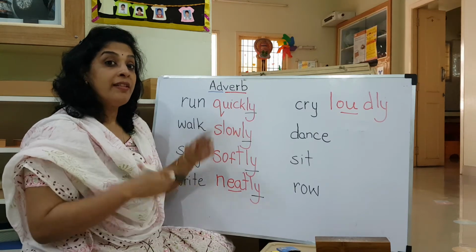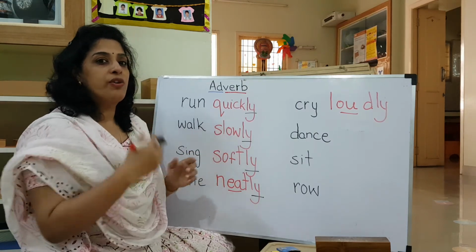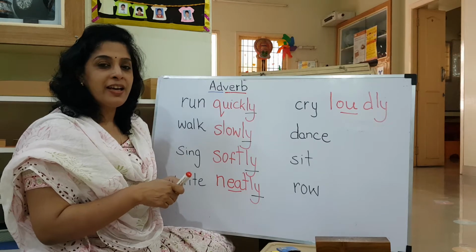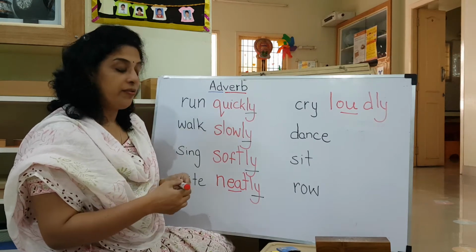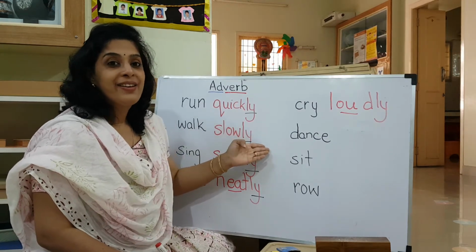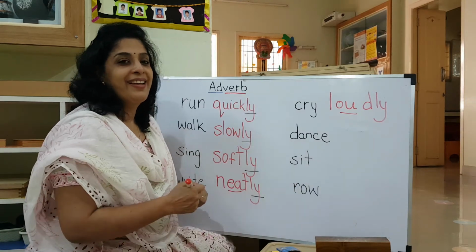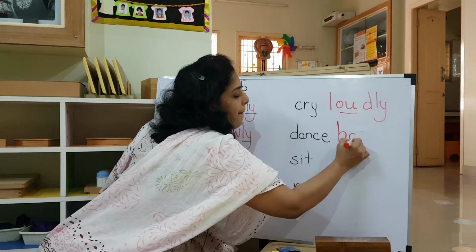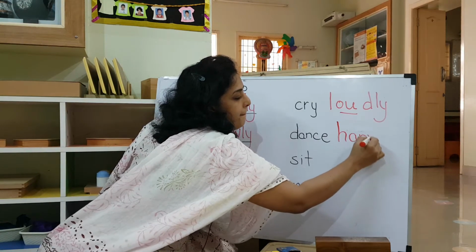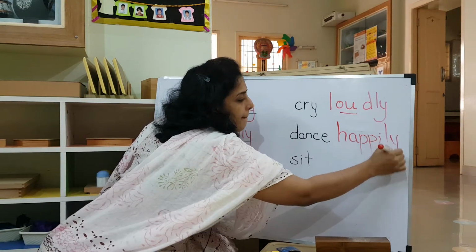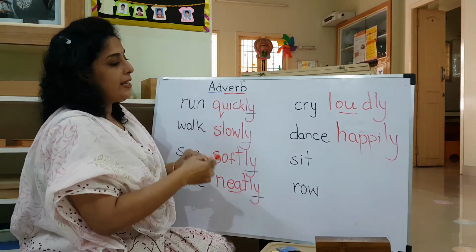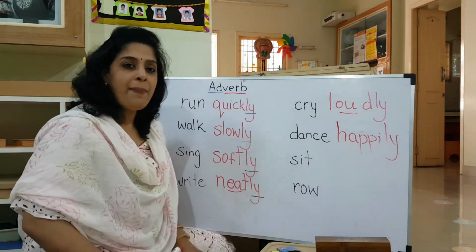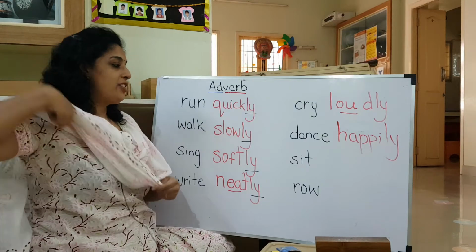Somebody was dancing when the musical chair song was put. Who was that? Jenna, right? Yeah, she was dancing all the way. How was she dancing? She was dancing happily. Happily. Okay? She was dancing happily. Next one.